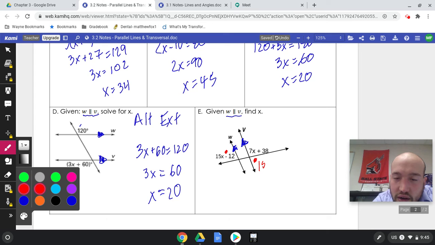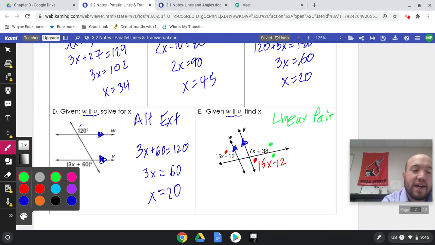And alternate exterior angles are equal, which means I can put that 15x minus 12. I can plug that in right there. Now, let me use green to show you these two angles we know are a linear pair. And if they're a linear pair, that means they are going to add up to 180.